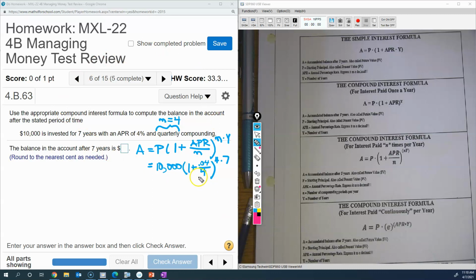All right, and then here's your order. You do the division first. Then you do the addition second. Then you do your exponent third. And then you do your multiplying by 10,000 fourth.